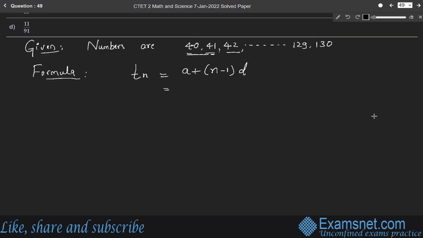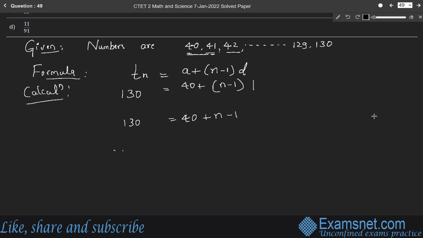Therefore, Tn is already known, which is 130. A is the first term, 40, plus n minus 1, which we have to calculate. The difference between two terms is 1 here. So this is the calculation part. 130 is equal to 40 plus n minus 1.